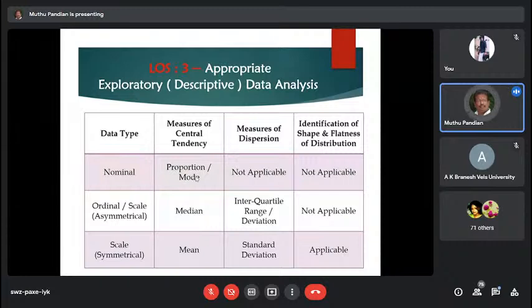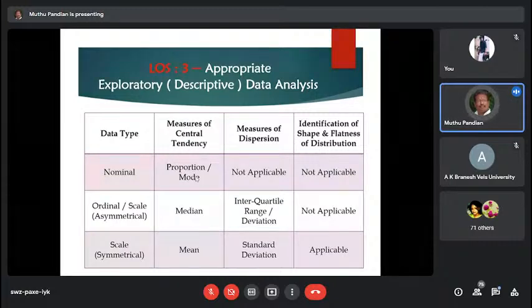When you are using an open-ended question, generally the data will be scale data. For example, there are two ways to ask the age in your questionnaire. How to ask? The very first way: state your age, put a dash, or mention your age, dash.